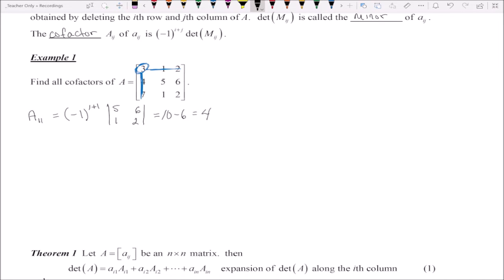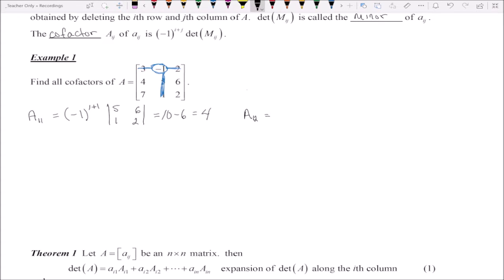All right, let's look at the 1, 2 cofactor. And what we want to do is something very similar. Right now we're looking at the 1, 2 entry. So again, cross out the row it's located in, as well as the column.